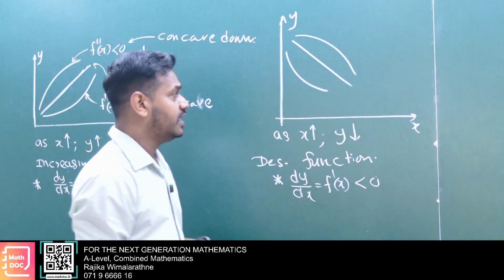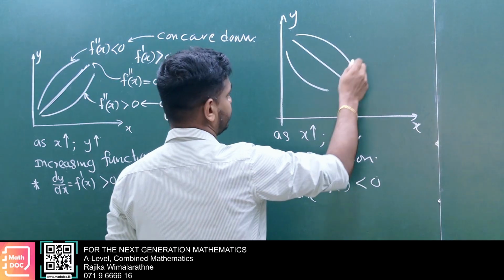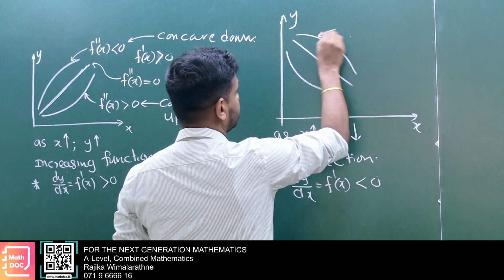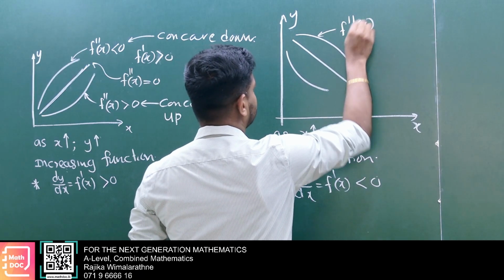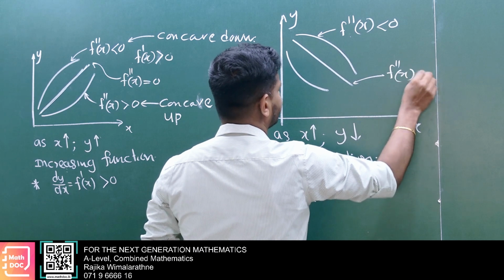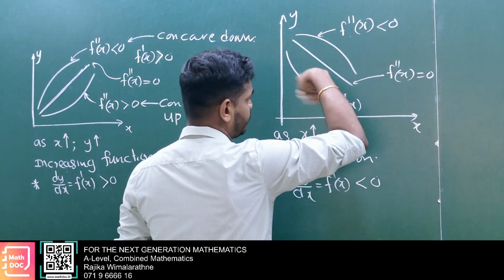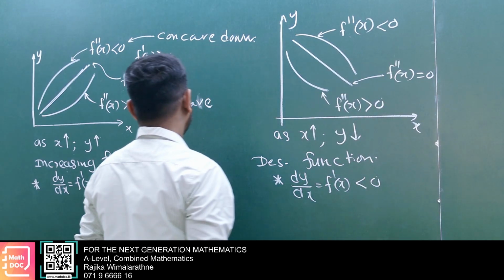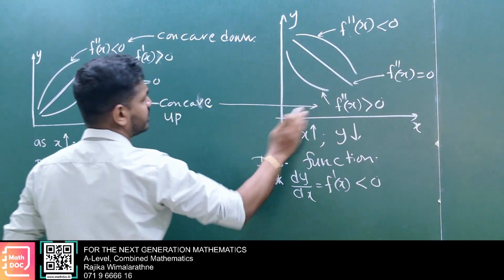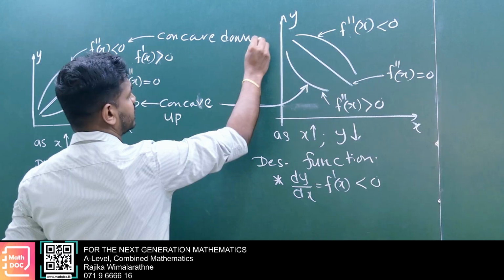Then further, in each case dy by dx is negative. And here this is concave down, then f double dash x negative. Here f double dash x is 0, and here concave up, f double dash x positive.